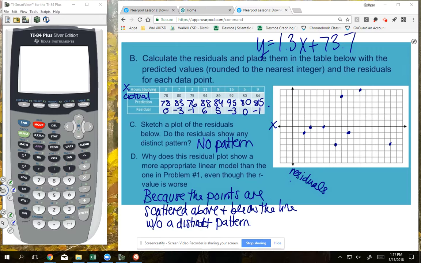Now, I saw Dan do this, so it might even be good to look at it, and I want to show you something. So if I go back into my y equals and put in that equation, 1.3x plus 73.7, and I do my stat plot.